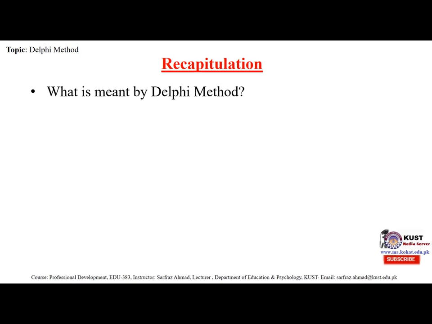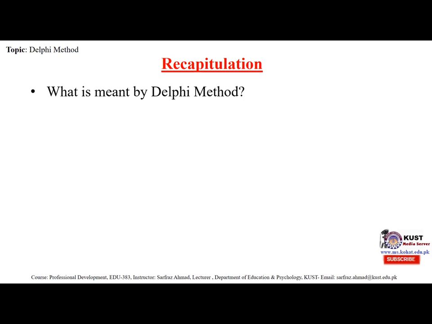The experts are allowed to adjust their answers in subsequent rounds based on how they interpret the group response that has been provided to them. Since multiple rounds of questions are asked and the panel is told what the group thinks as a whole, the Delphi method seeks to reach the correct response through consensus.